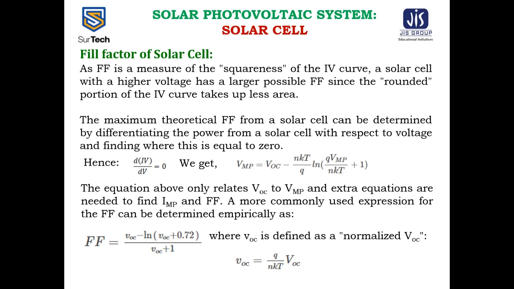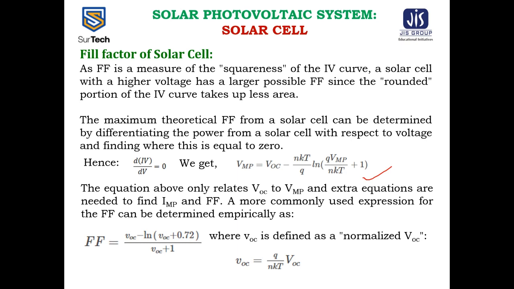Now if we put dP by dV is equal to 0, then we will get VMP is equal to VOC minus nkT by q ln of (q VMP by nkT plus 1). This is the equation of the maximum voltage.